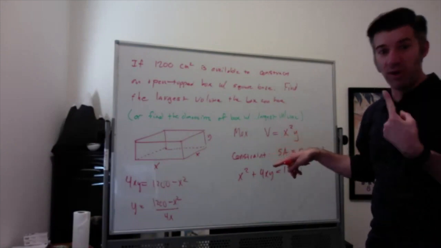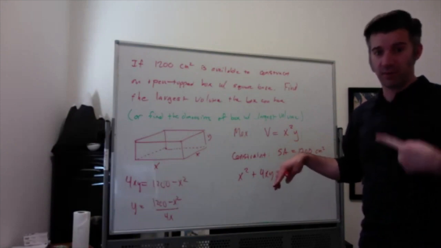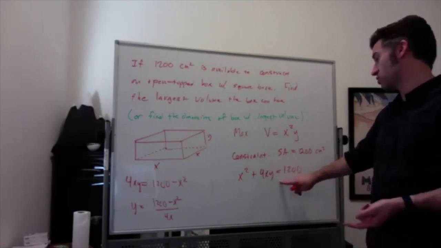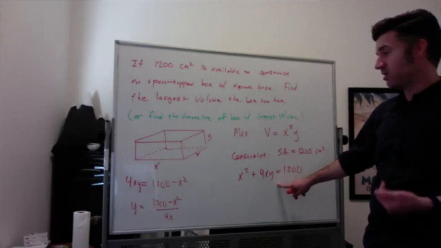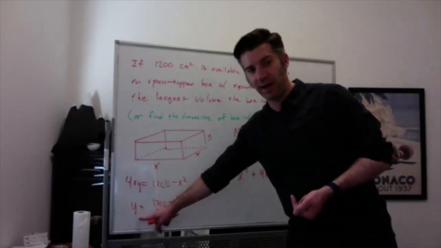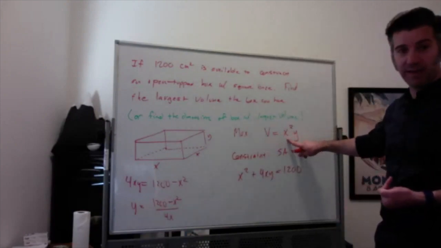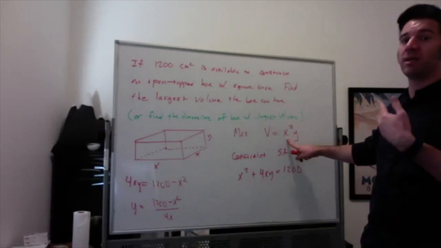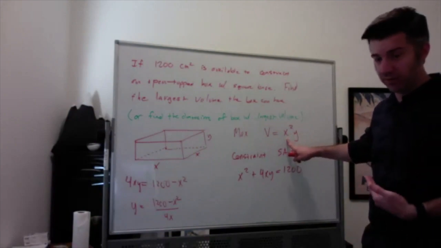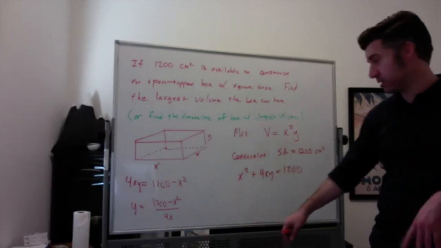We want a function of 1 variable so we can differentiate and find the critical values. So the reason we're solving for one of the variables in this constraint equation is so that we can take that isolated y and plug it into this thing we want to maximize, so that we can have a function of 1 variable, which we can then find the critical values for. So that's why we are doing this.